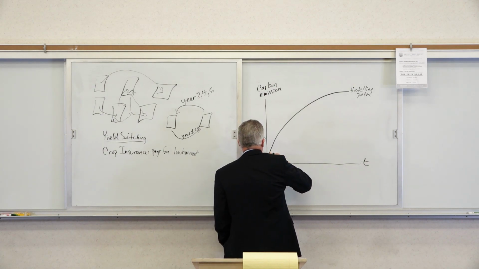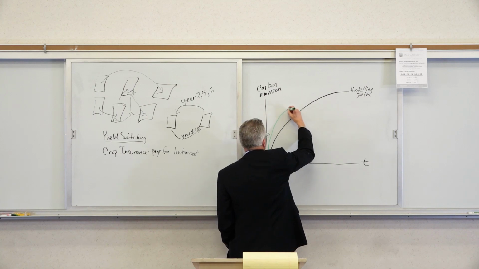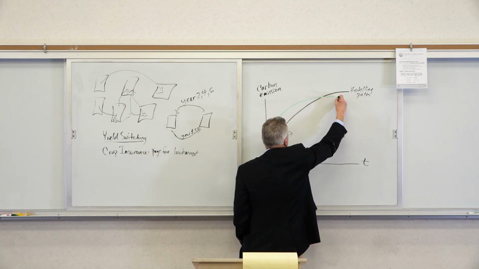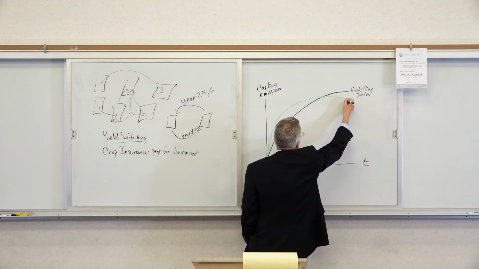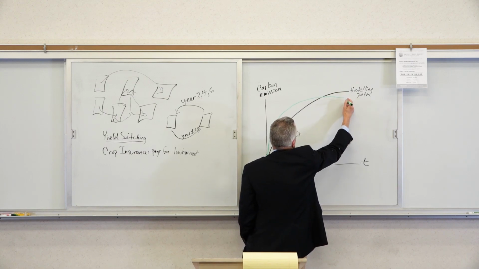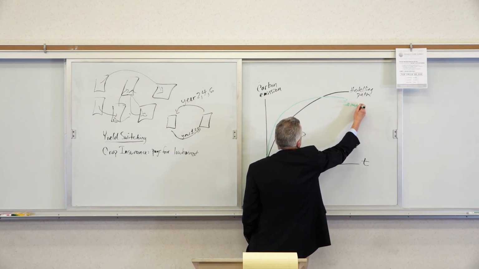And they say, given that, the optimal path is not the Hotelling path, but it might be something like that. I guess we'll call that the Lemoyne and Rudick path, which is L and R.